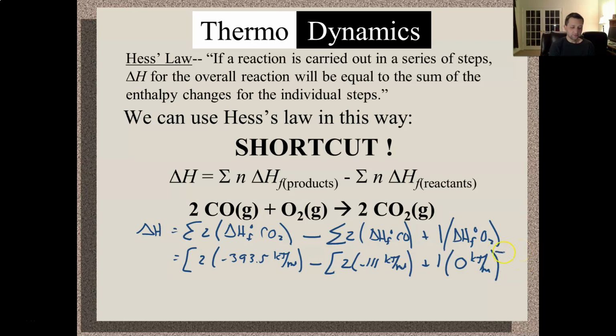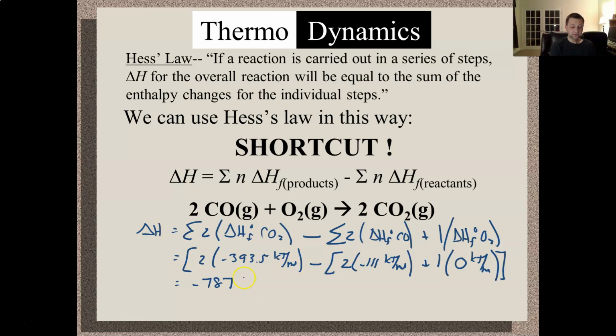So, simplify all this. 2 times negative 393.5 gives us negative 787. The coefficient 2 here is 2 moles, and you're canceling that out with the moles in the denominator here.